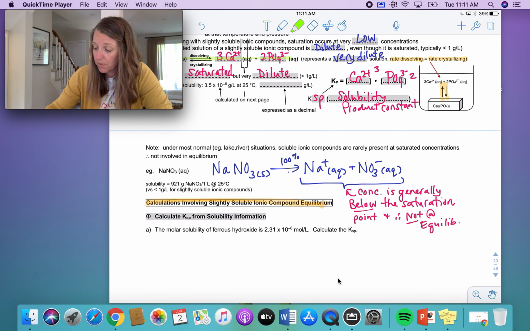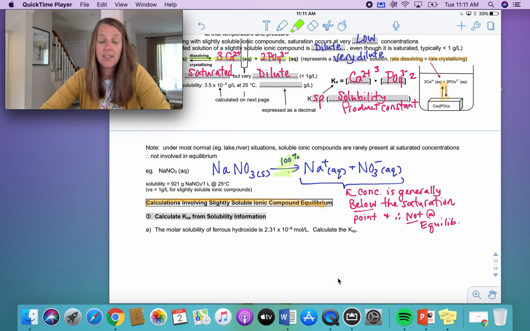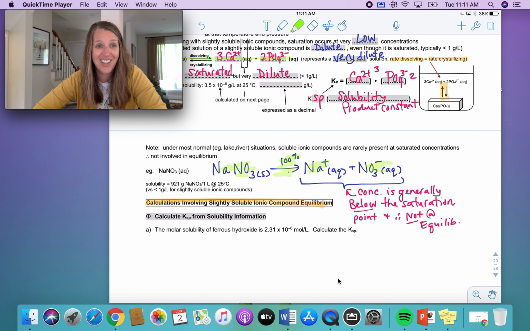You get 100% dissociation and it doesn't set up an equilibrium. So the concentrations of the sodium ions and the nitrate ions are below that saturation point. So that would not be an equilibrium example. So you would just show 100% dissociation, and they do. The concentration of this is the concentration of this and the concentration of this. That's the easy ones. So what do we do if we have something that is slightly soluble?